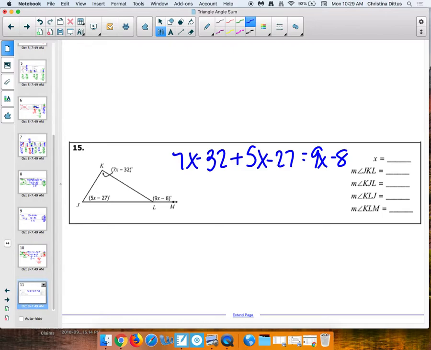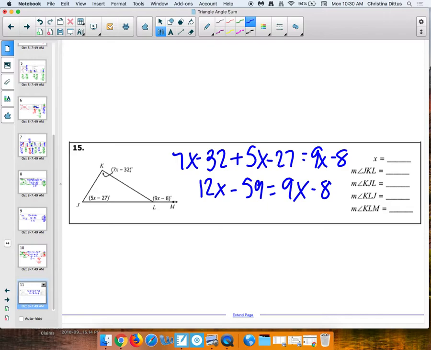Combine your x's on the left, 7x and 5x give me 12x. Negative 32 and negative 17 give me negative 49. On the right, I still have 9x minus 8.